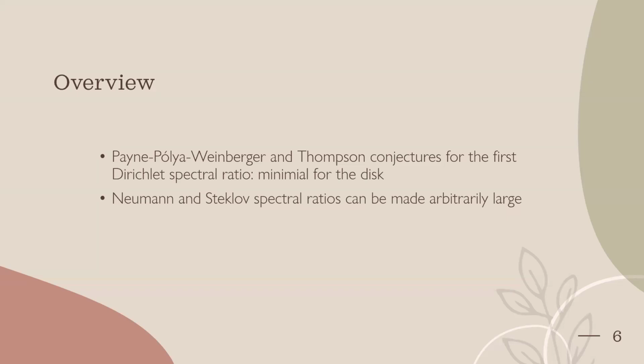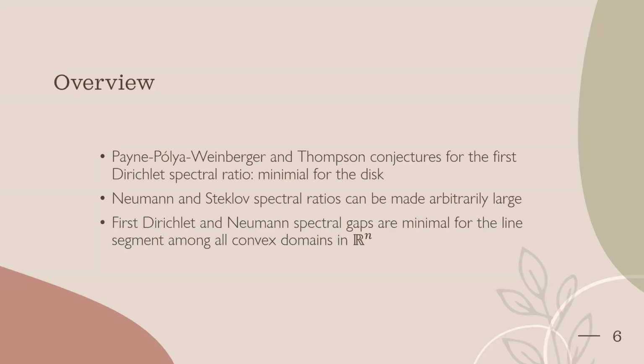So we consider k domains that we join by a small interval, such that it looks like k dumbbells put together. And for the spectral ratio, we consider k overlapping domains. So for example, k overlapping disks, and we take the limit as the overlapping is made smaller and smaller, so that at the limit we obtain disjoint domains. So with that, we can prove that the ratios are arbitrarily large.